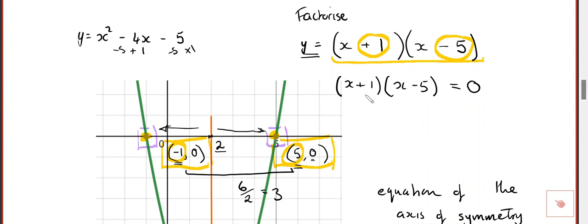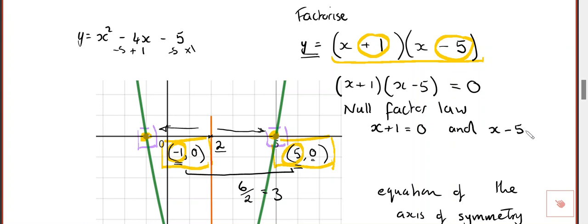Now, we're going to use the null factor law, which says if two things multiply to make 0, then one of them must be 0. So x plus 1 has to equal 0, and x minus 5 has to equal 0.